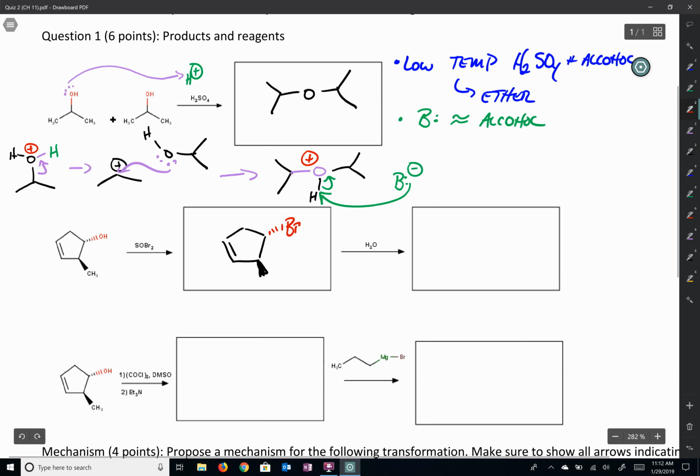So we're just going to swap in a bromine there. Remember, when we're dealing with thionyl bromide, we sometimes have inversion of stereochemistry, we sometimes don't. It goes through a different mechanism. So in this case, we can assume that the stereochemistry stays the same, although if you guys came in and switched it and put a wedged bromine there, it wouldn't matter for us.